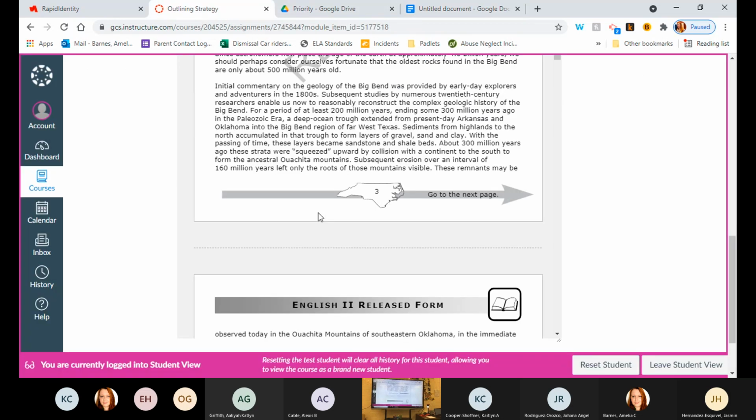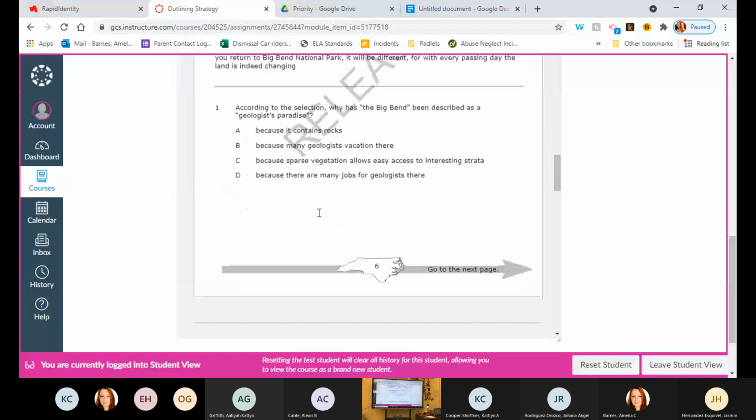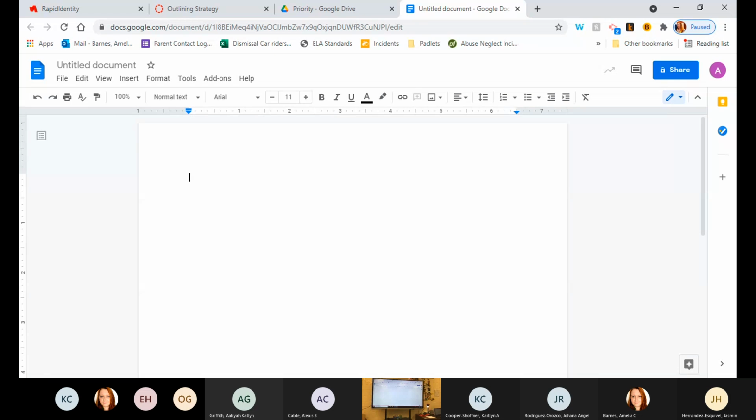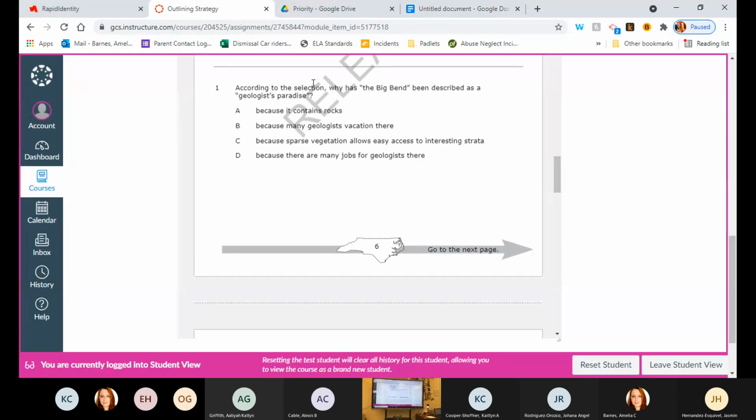So we'll start by looking at each question, and we'll number and make notes on what that question is asking for. Question 1: according to the selection, why has the Big Bend been described as a geologist's paradise? In your notes, I would put Q1, and then look for key words in the question.